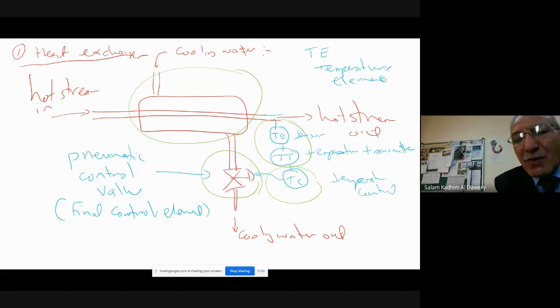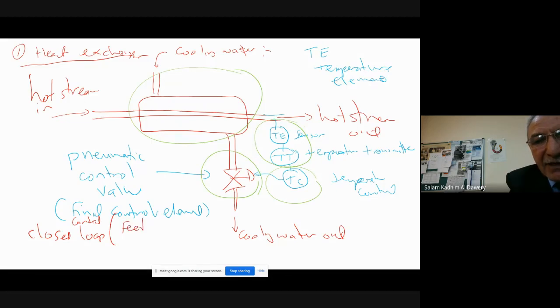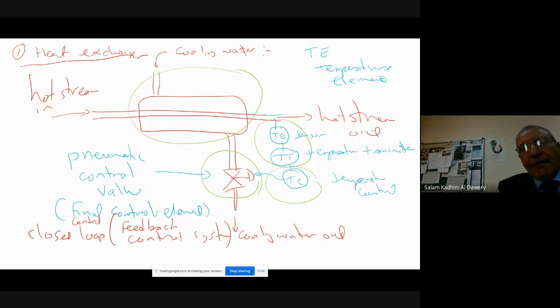And by the way, this is what we now call the closed loop, the control loop, or we name it a feedback control system. Sometimes we go for, for example, a normal heating system, a continuous stirred tank heater. We've got a tank.